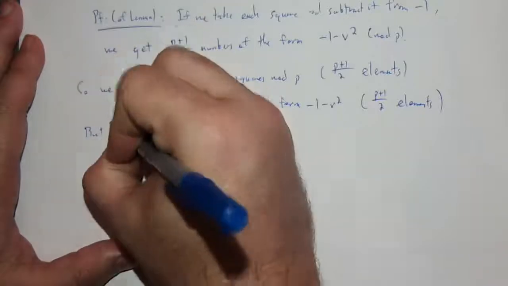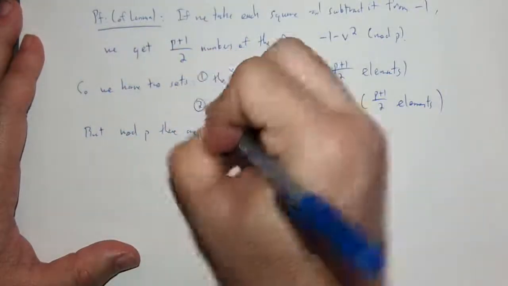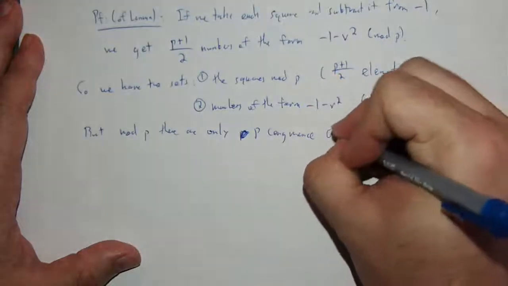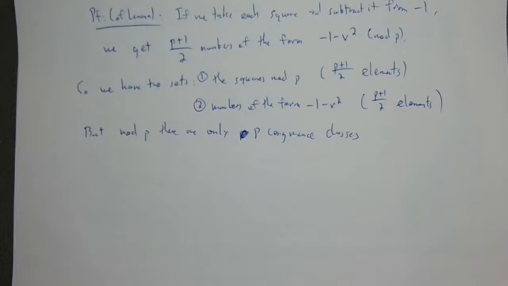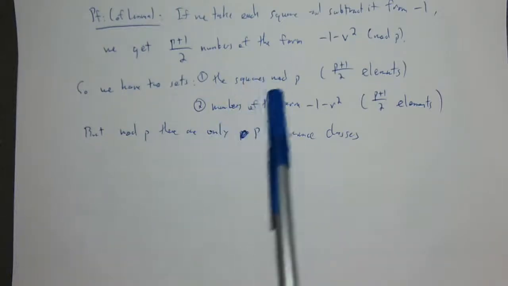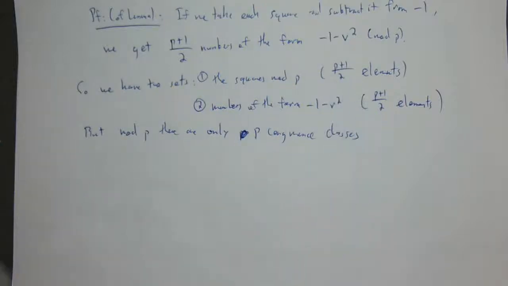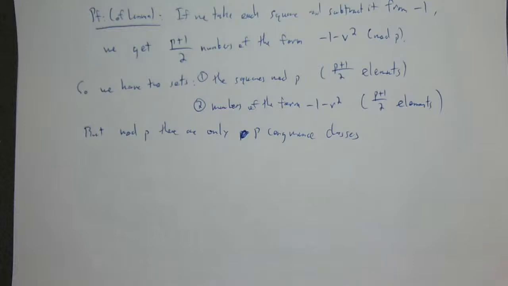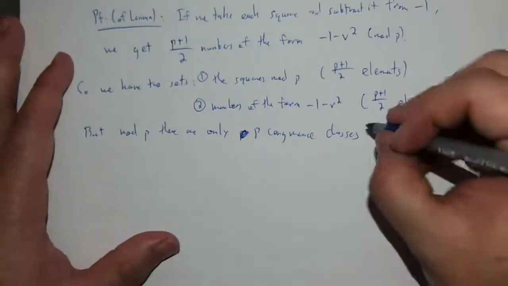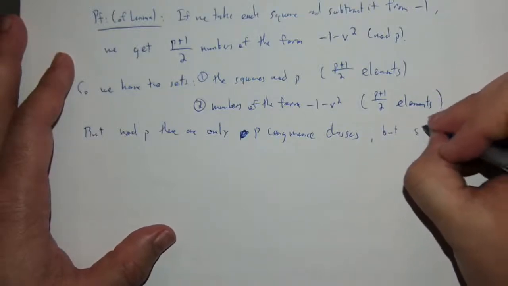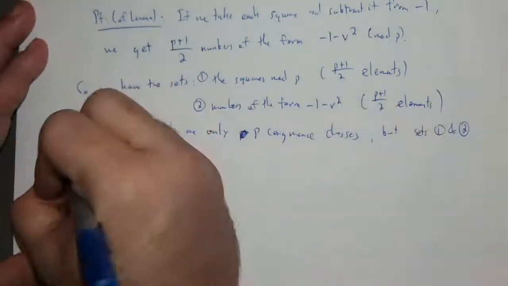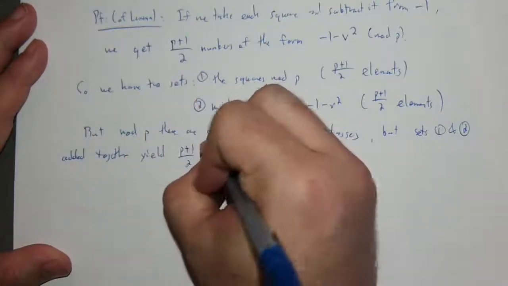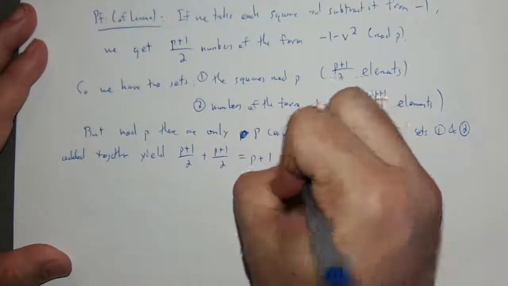But mod p, there are only p congruence classes. You could think, what if these sets are totally disjoint? If these sets are disjoint, when we add them together, we have (p plus 1) over 2 plus (p plus 1) over 2, which is p plus 1, greater than p elements.